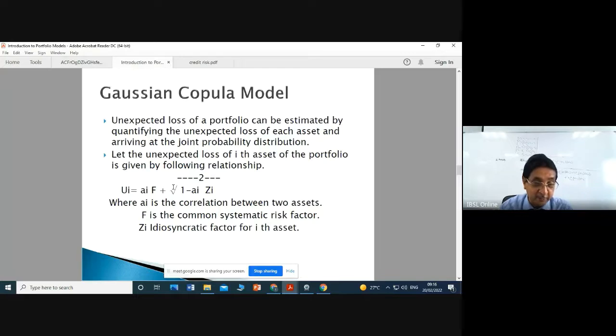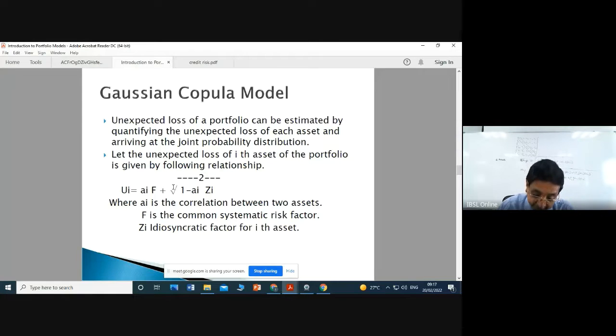But in order to calculate that, we have to arrive at the correlations of each asset, and the dependency and non-dependency relied on those correlations.